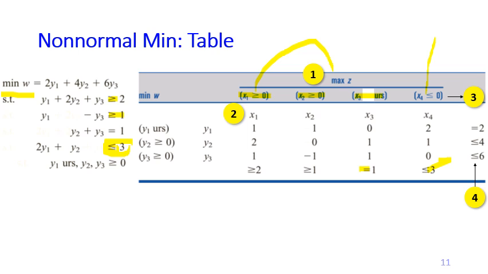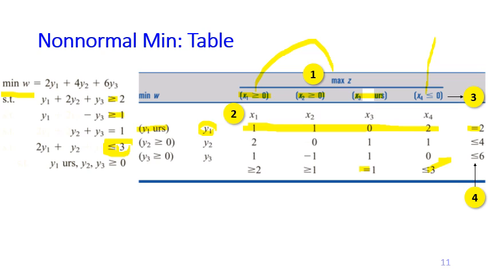And then the signs of each constraint come from the sign restrictions. Because our dual is maximization, we read it by row. The first constraint in our dual comes from the first variable in our primal. The first variable in primal is URS, so the sign of our first constraint in the dual is equality.